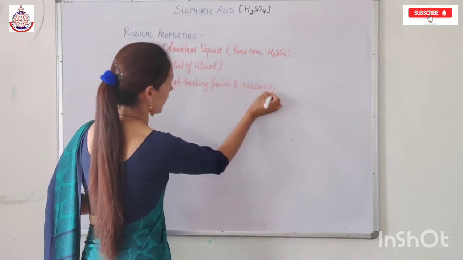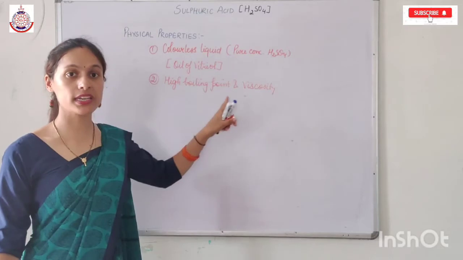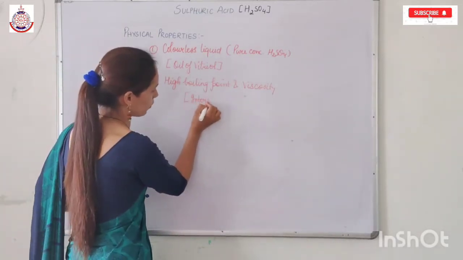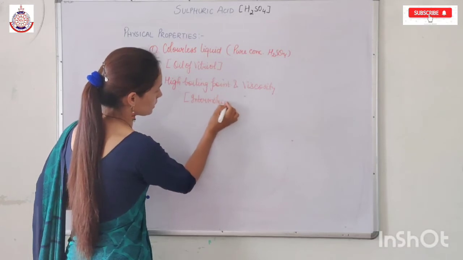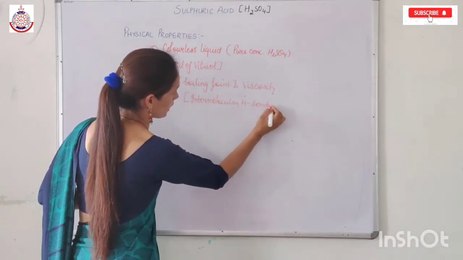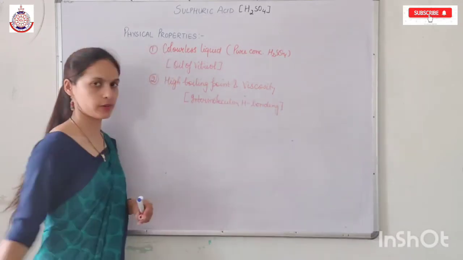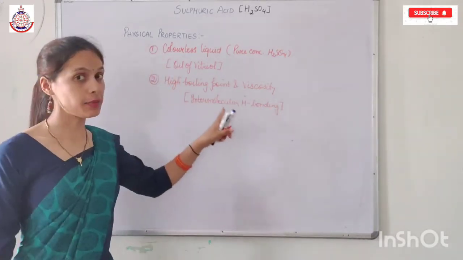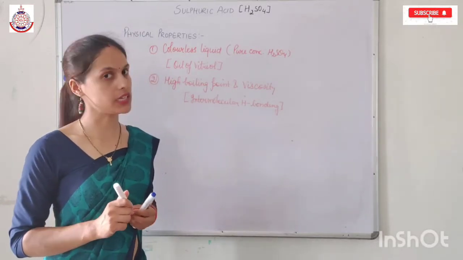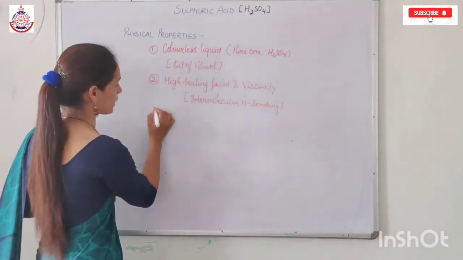The reason behind the very high boiling point and viscosity is intermolecular hydrogen bonding. So it has a very high boiling point and its viscosity is also very high because of the intermolecular hydrogen bonding.